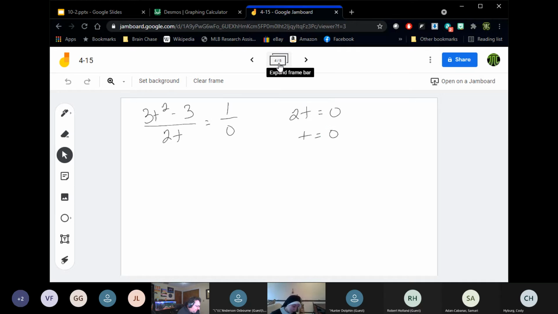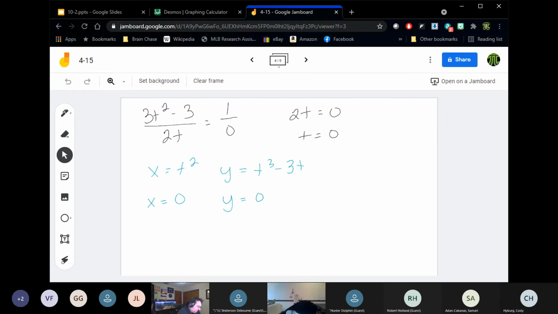And now we're going to do the exact same thing. I'm going to plug that back into my 2 points. So x was t squared and y was t to the third minus 3t. So x equals 0 and y equals 0.